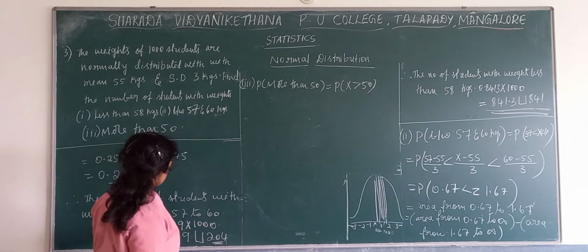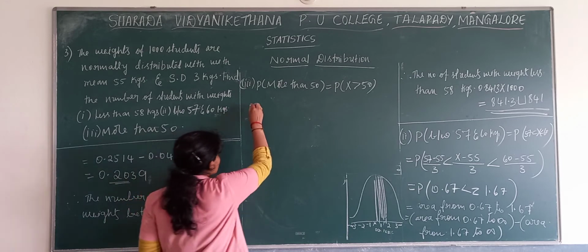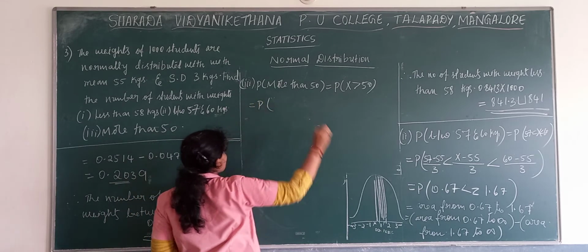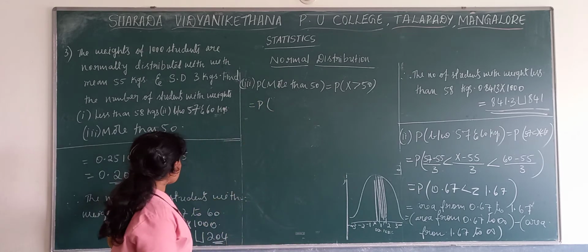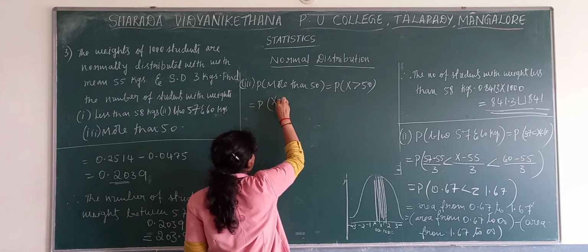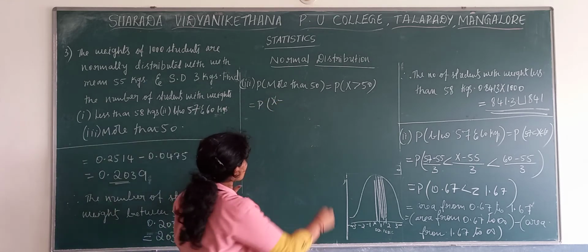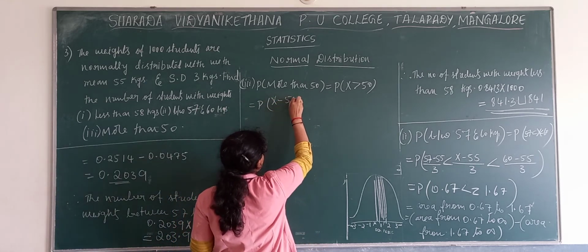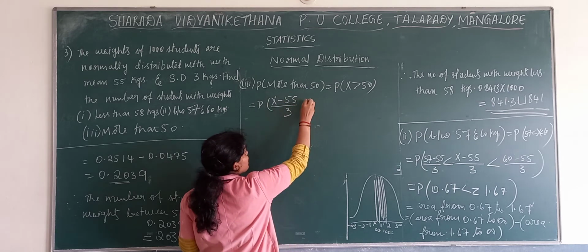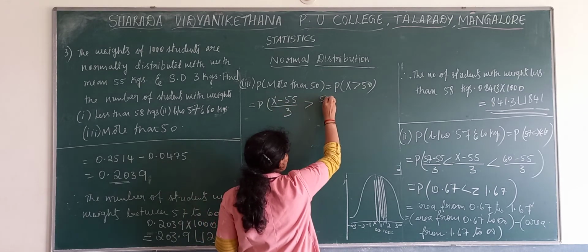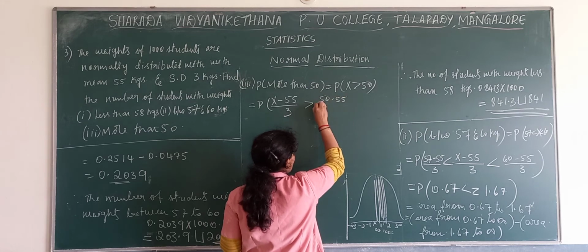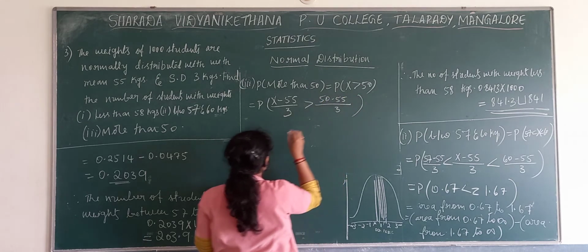Now take the formula: in the place of x, P, open the bracket, then take the formula x minus 55 divided by 3 is greater than 50 minus 55 divided by 3.